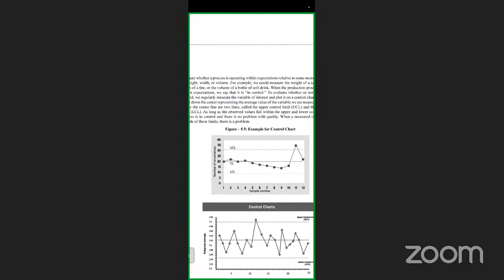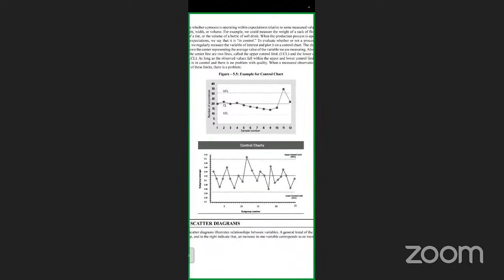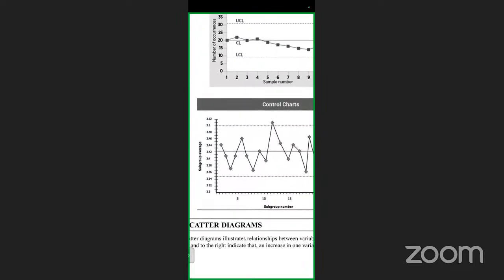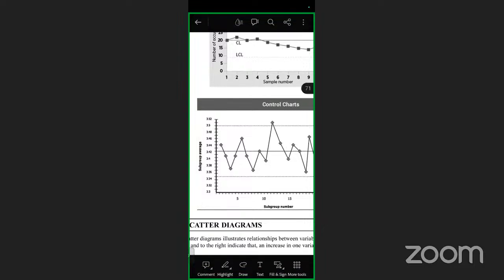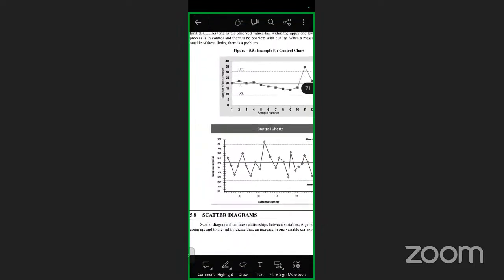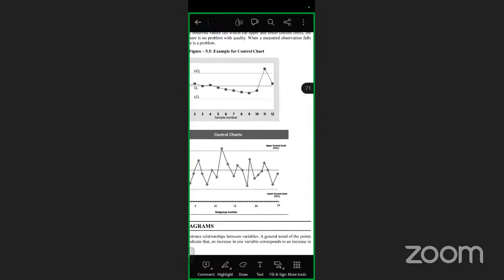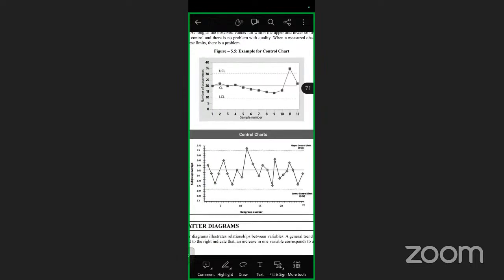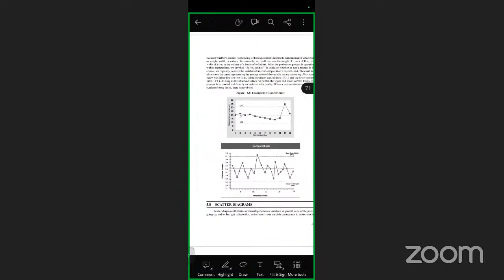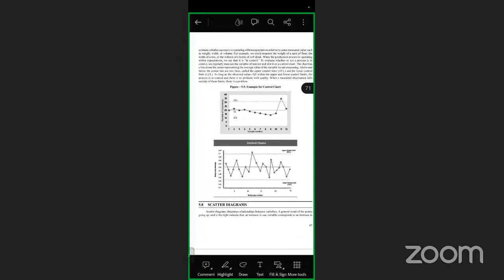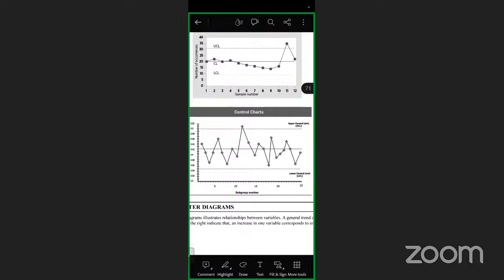So we need to check the number of occurrences, statistically represented by subgroup average. Again you'll see the middle line, the central line, upper control limit, and lower control limit. The count is going to vary. By this, we come to know how many subgroups are high and low.